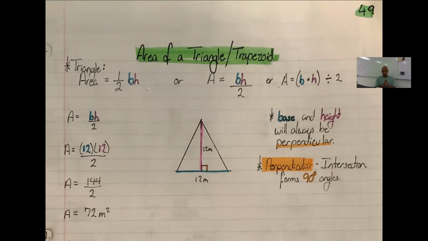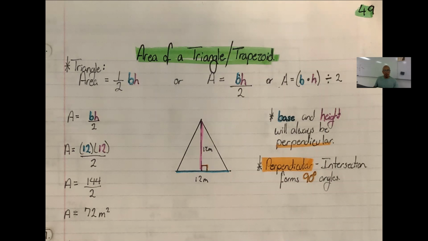Now, the area of a triangle is going to be base times the height. All right, so same as it would be for a parallelogram, whatever the base is times however high that shape goes. But then we are going to divide that by 2, which is the same thing as multiplying by a half. Now, please do not overcomplicate this. It is quite simple.